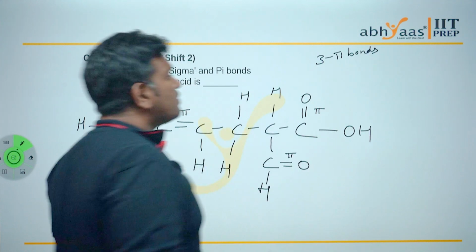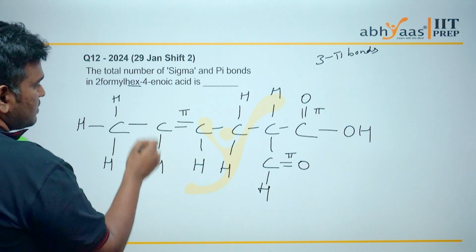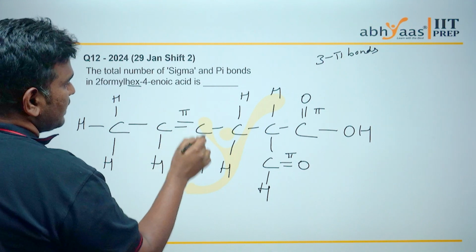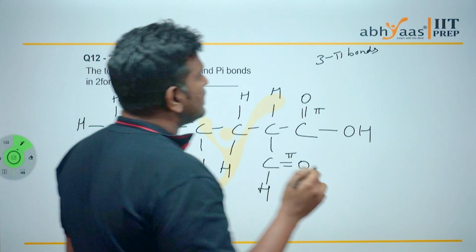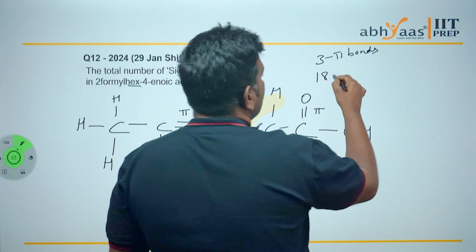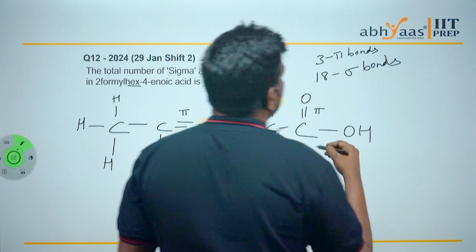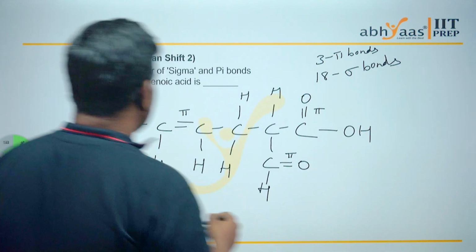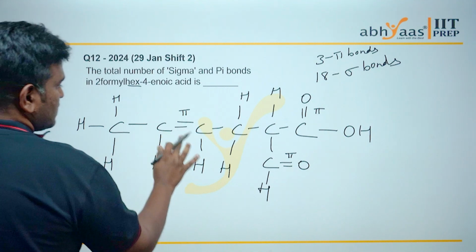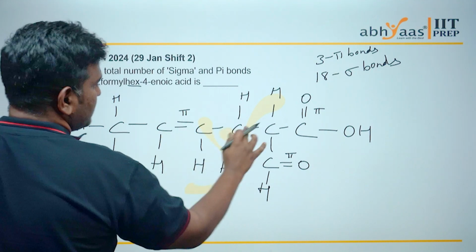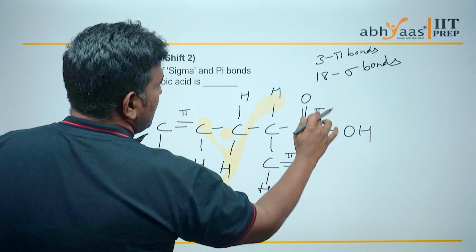And if you count for the sigma bonds, what will be the answer? 1, 2, 3, up to 18. You will be having 18 sigma bonds. Right. So we have to just check it once again. 1, 2, 3, up to 18.